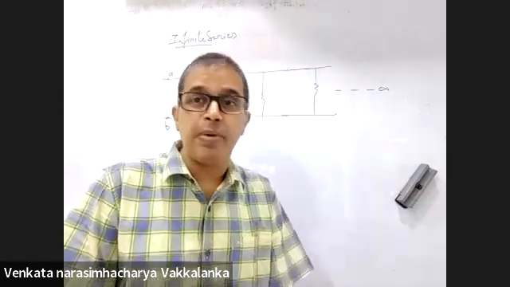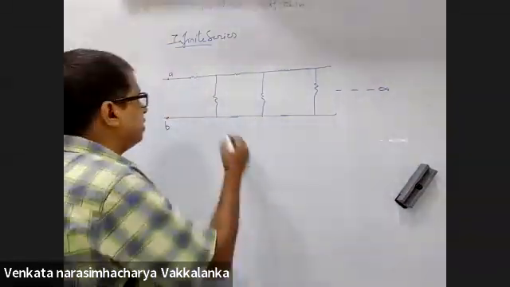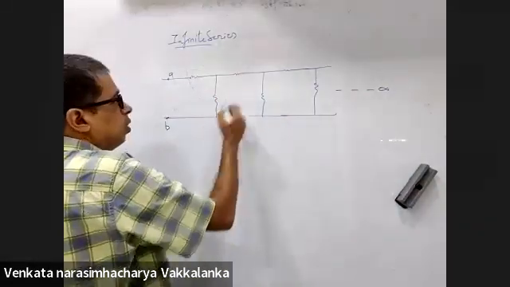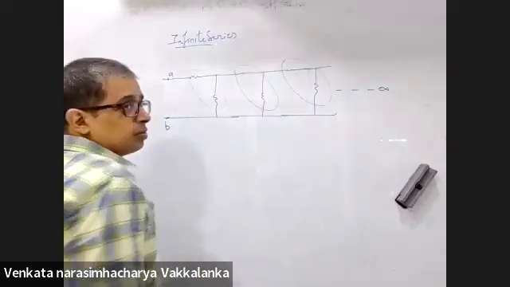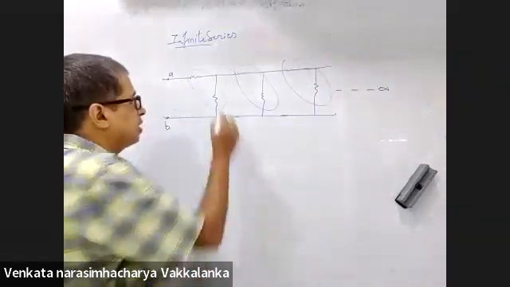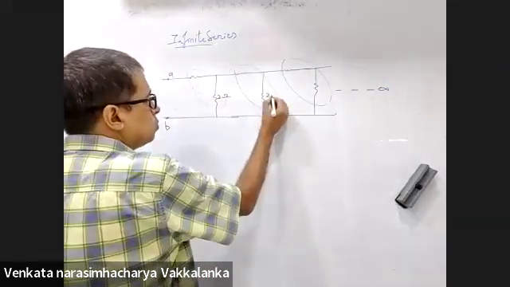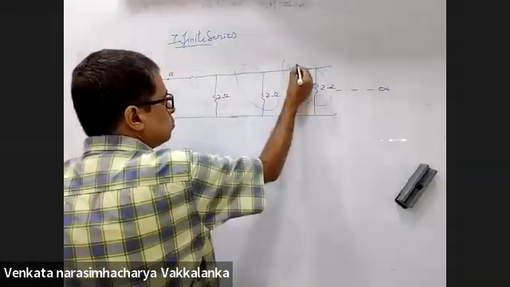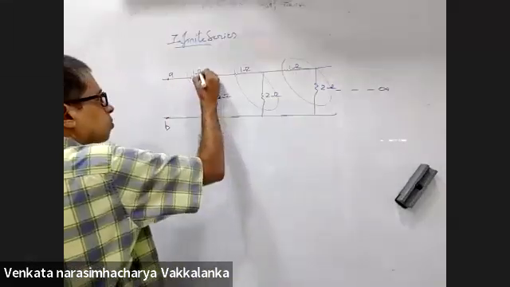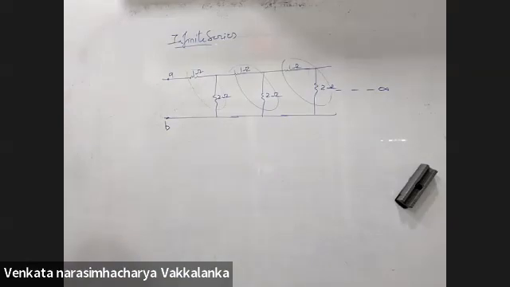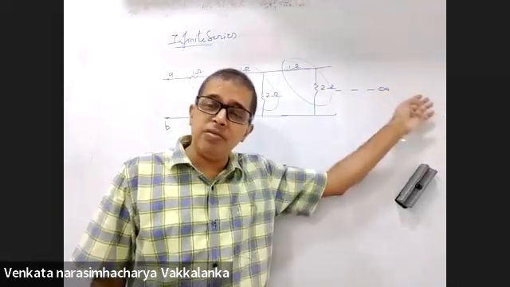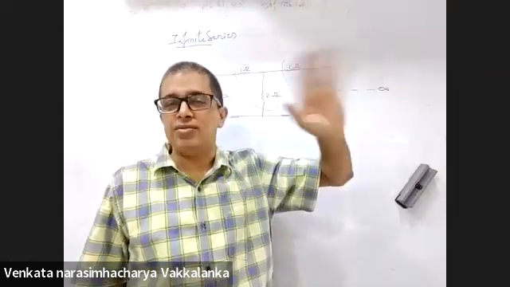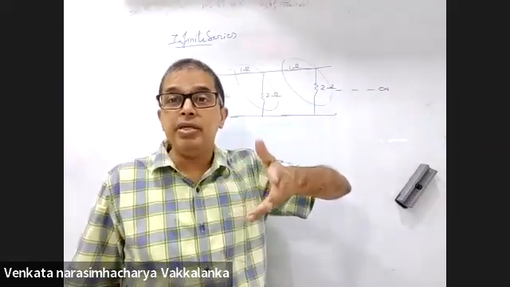And when will that happen? Have a look at it. Recognize the building blocks. After every building block, I should get the same answer. 2 ohms, 2 ohms, 2 ohms, 1 ohm, 1 ohm, 1 ohm. You're telling me any number of building blocks I have, my final answer is the same. Why will it be the same?